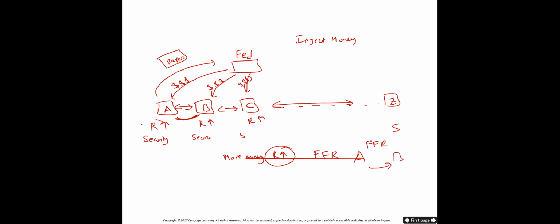If the banks have a lot of reserves, Bank A doesn't need to borrow from Bank B, or Bank B from Bank C. So the federal funds rate goes down. When banks do not demand loans, the federal funds rate goes down. So by buying government bonds, the Fed injects dollars into the economy, and the federal funds rate, which is the interest rate, drops.